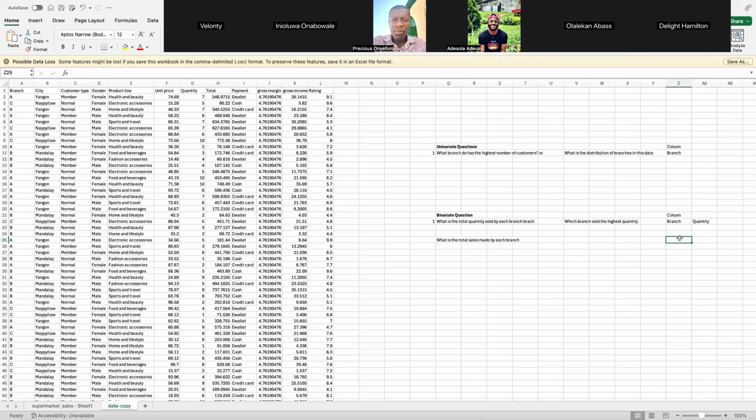So what columns are you going to be using for that? We have total and branch. That's all data analysis. Imagine you have this pictured in your mind already, so you know what you're looking for, even though there are tens of columns and rows.